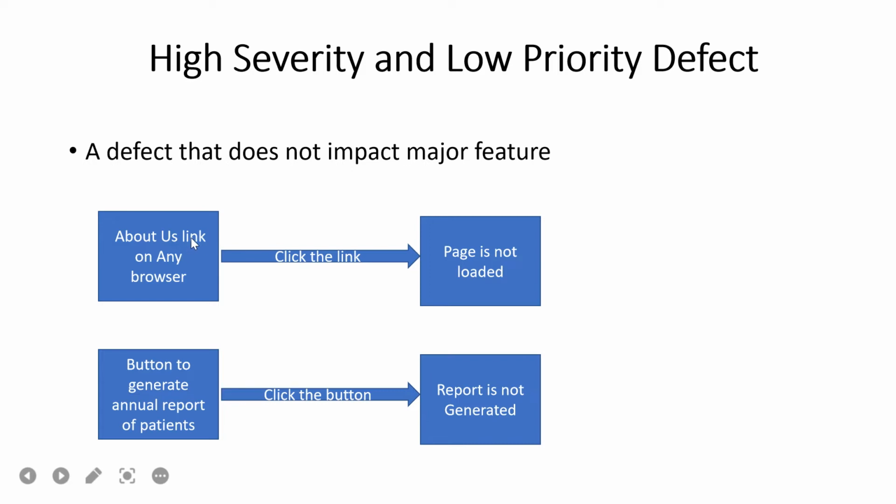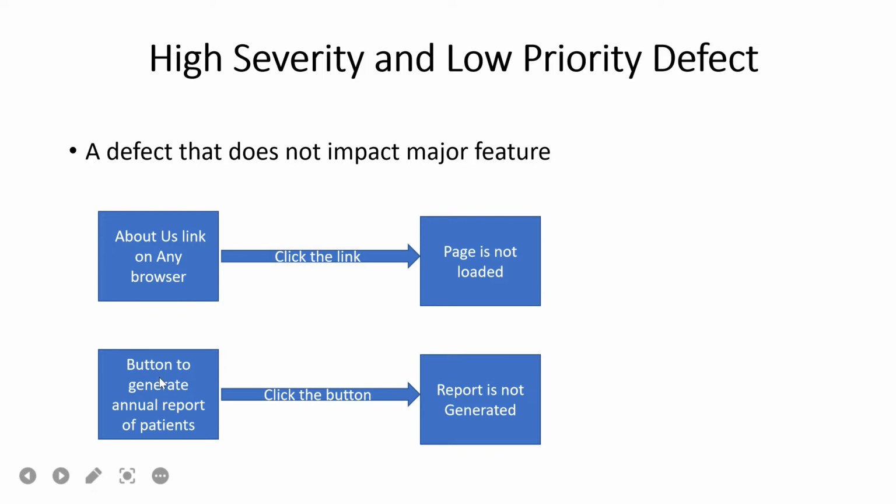That is a high severity, because the link itself is not opening. But from the business perspective, they think this is very rarely used by the customer, so we can put it as low priority and fix it later. So that type of issue will fall under high severity and low priority.